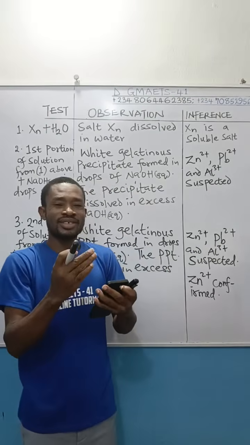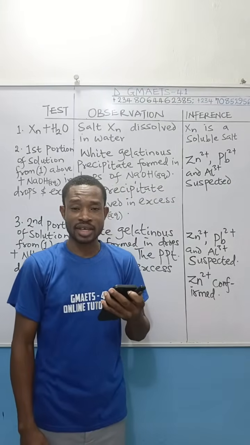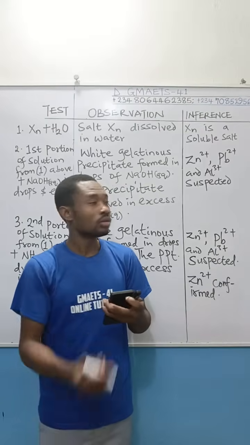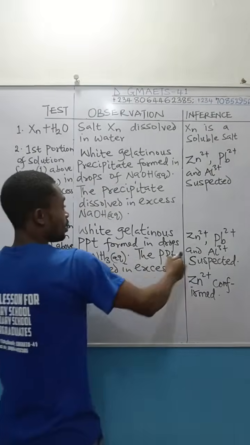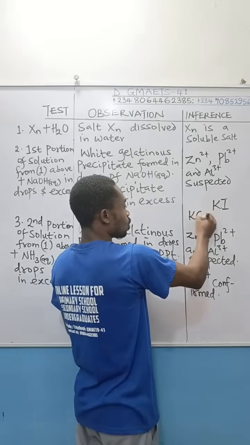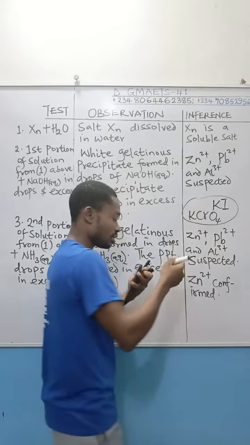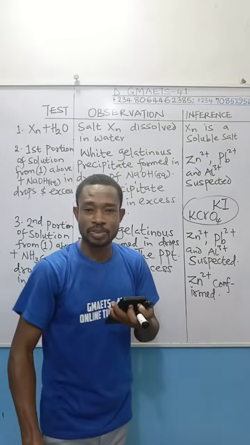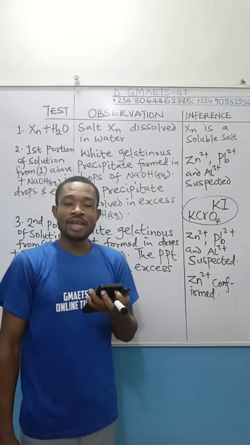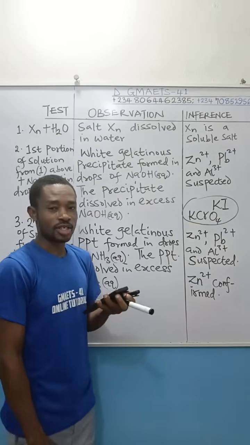If it was lead that is present in this salt XN, when you add potassium iodide or potassium tetraoxochromate 6, if you add any one of these 2, you will see a yellow precipitate. Once you add this to any portion and you see a yellow precipitate, that tells you that lead is present.